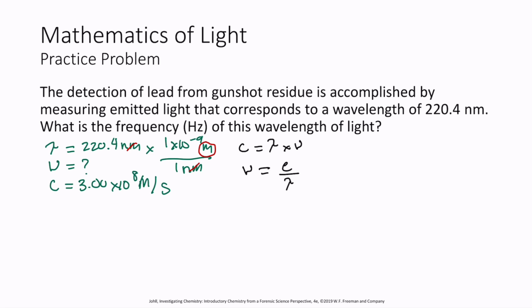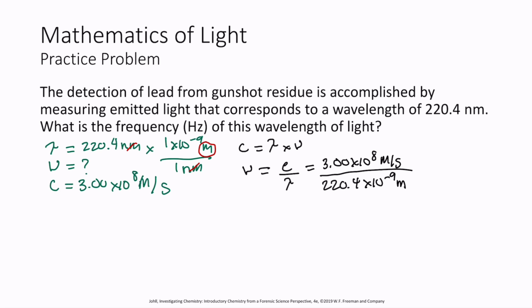So let's plug in our numbers. We have 3 times 10 to the 8 meters per second. This will be a value that will always be provided for you on your quizzes. And we can divide that by our lambda and make sure it is in meters. So it's going to be 220.4 times 10 to the negative 9.